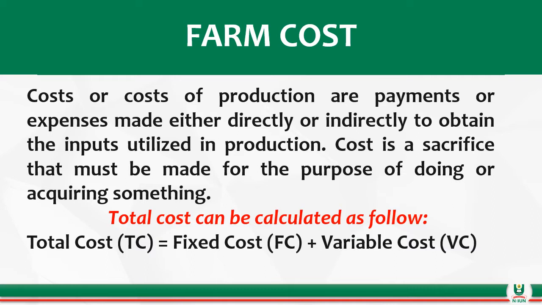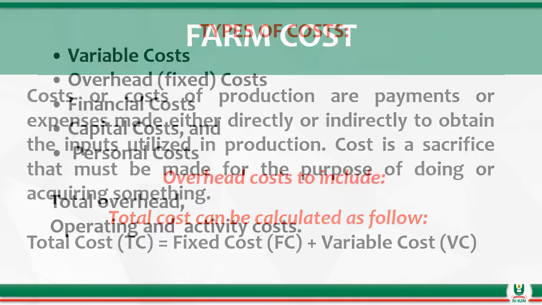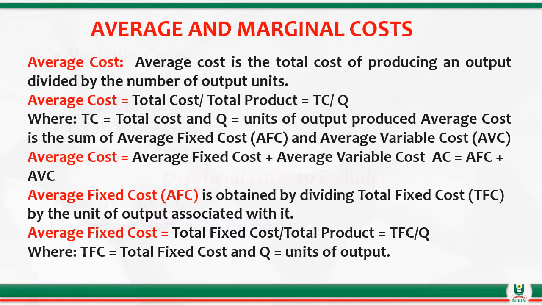Total cost, TC, is equal to fixed cost, FC, plus variable cost, VC. That is total cost. Then average cost, that's a mistake, supposed to be number of output units.